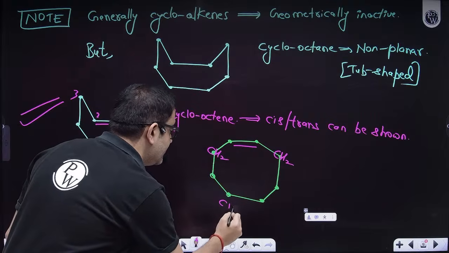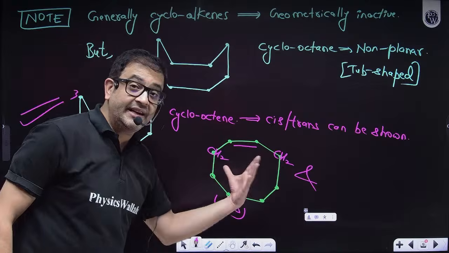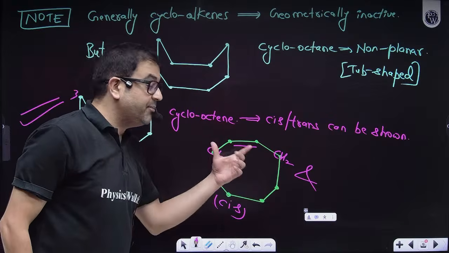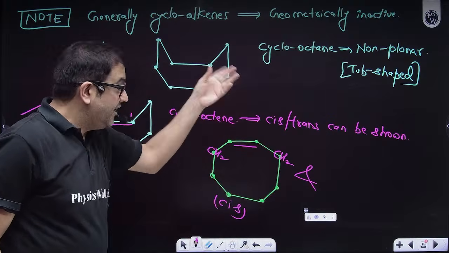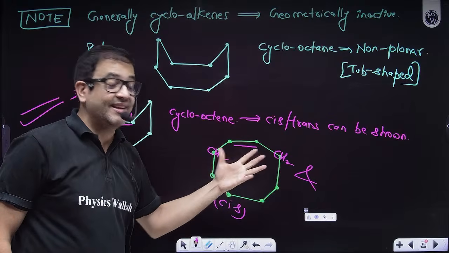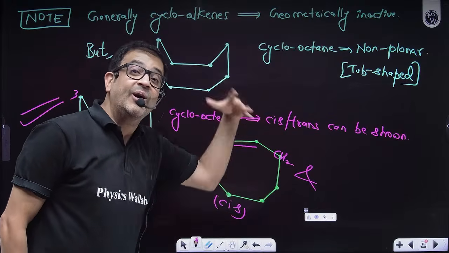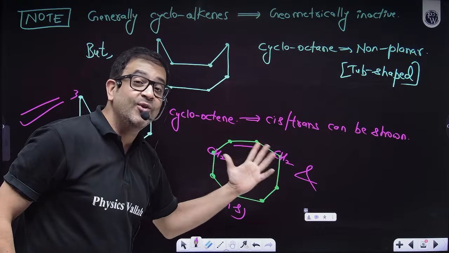Can I draw its trans form? Yes, definitely I can, because technically the carbons were not in a plane, but because of this restricted rotation, the carbons will come in a plane. So this will make the cyclooctane a planar molecule. But who is making it planar with respect to carbon?